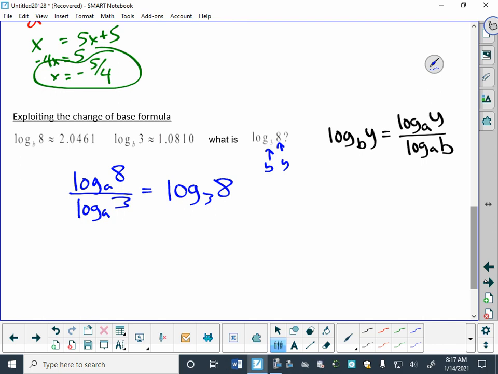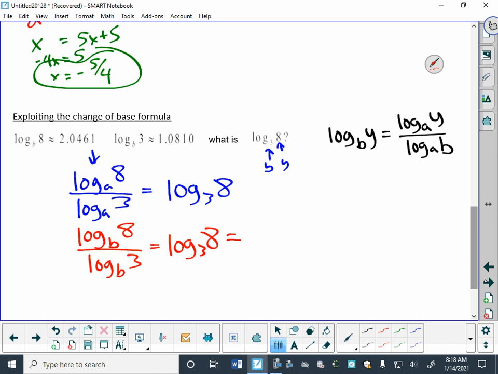But if I just change these a's in this expression into b's, which is just a variable, right? So log base b of 8 divided by the log base b of 3 should be equal to the log base 3 of 8.